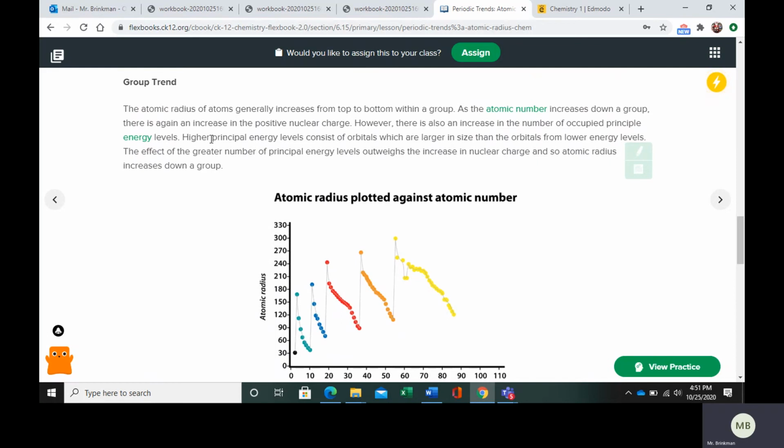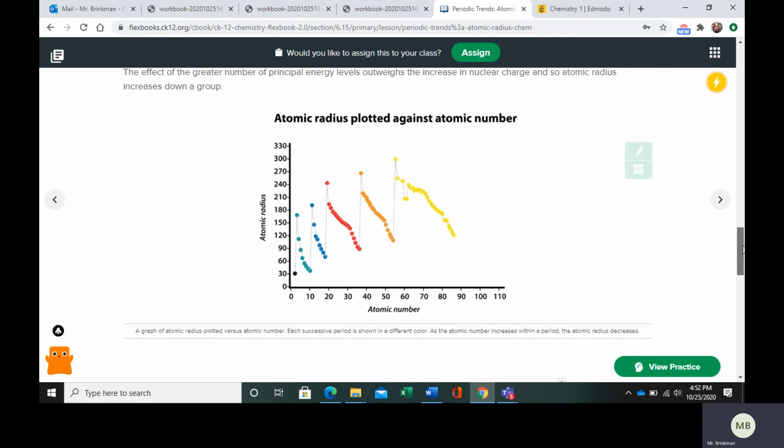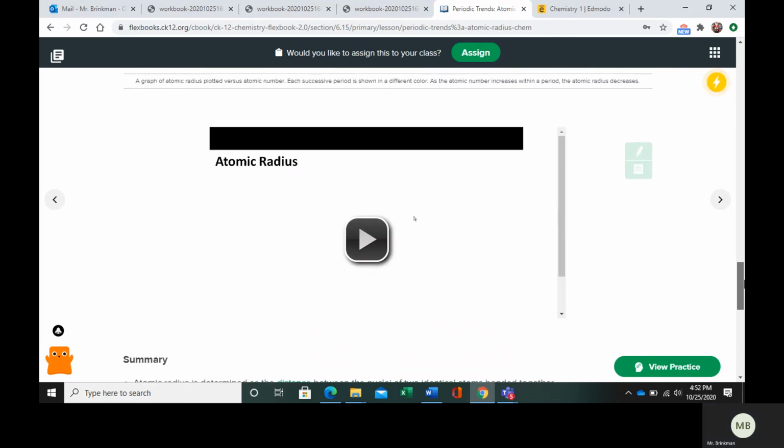Higher principal energy levels consist of orbitals which are larger in size than the orbitals from lower energy levels. The effect of this greater number of principal energy levels outweighs the increase in nuclear charge, so it outweighs the effect from the attraction of the protons and the electrons.